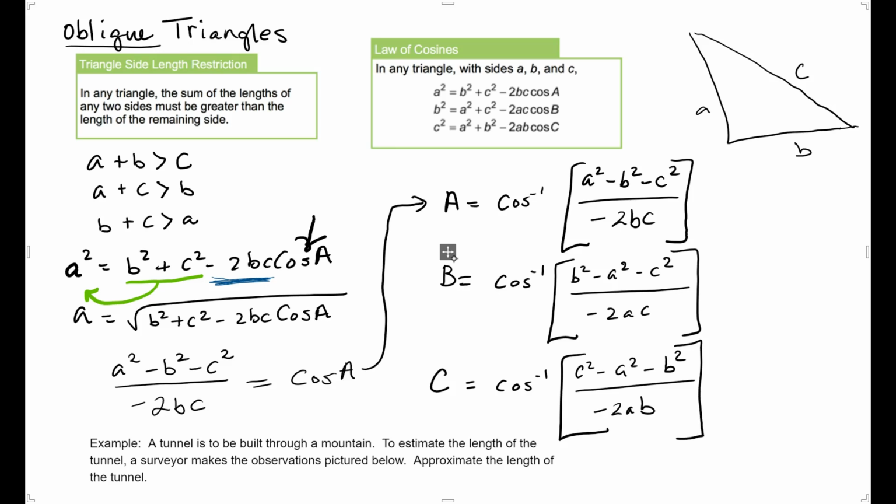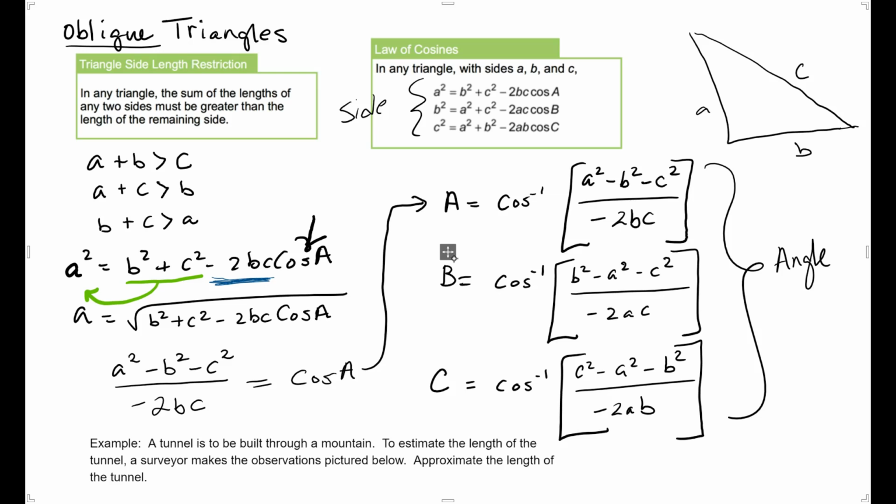So those are the three variations of the formula. If you are trying to find a side, you're going to use one of these, and if you're trying to find an angle, you're going to use one of these. So each variation of the formula has a different significance.